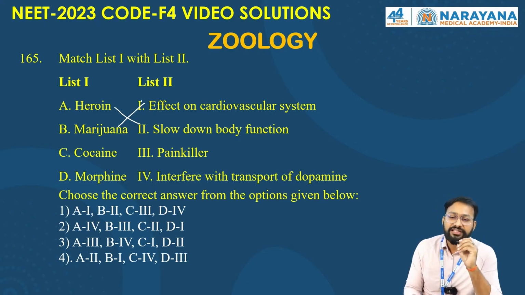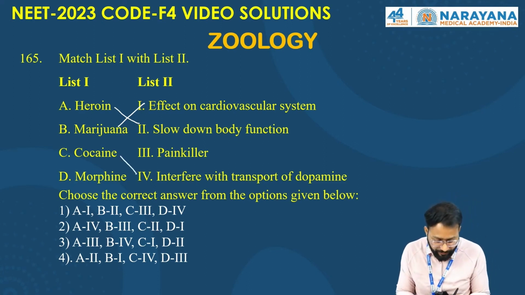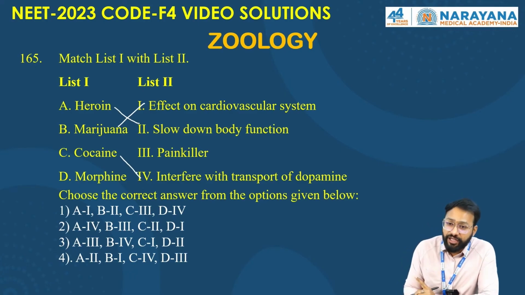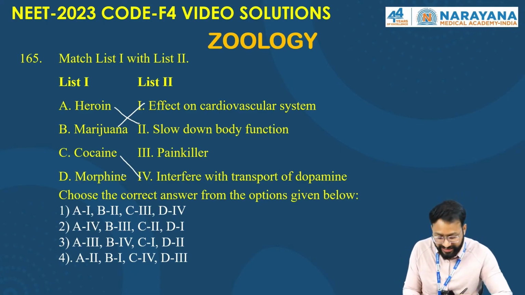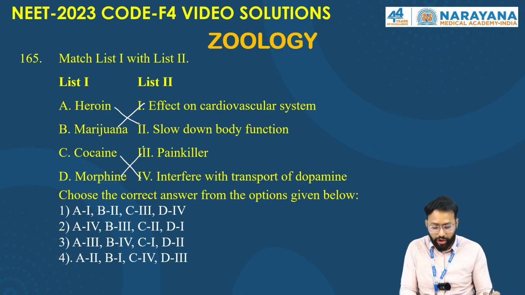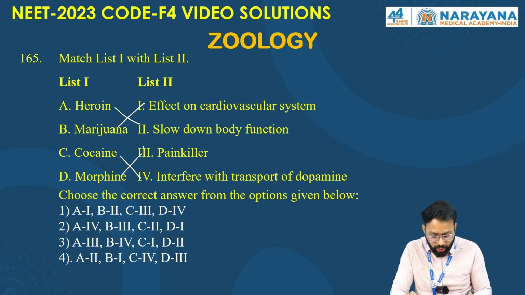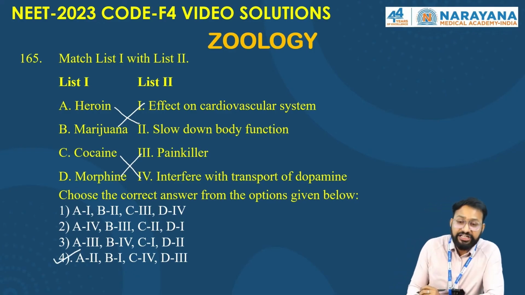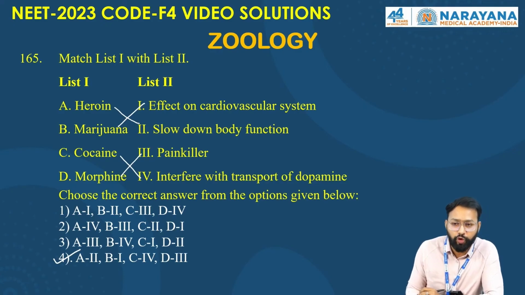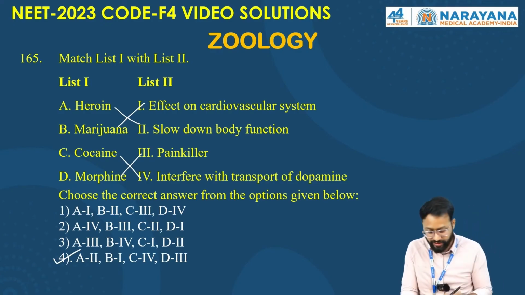Cocaine is a coca alkaloid; it interferes with the transport of dopamine. Morphine, again an opioid, is a type of sedative and can be used as a painkiller. So the correct option should be A2, B1, C4, and D3. Option number 4.